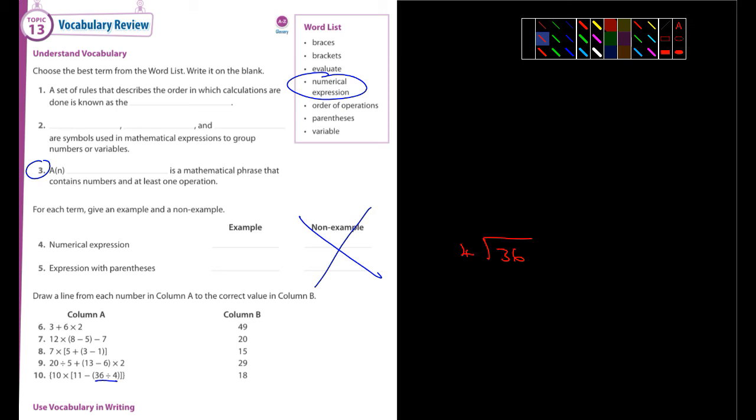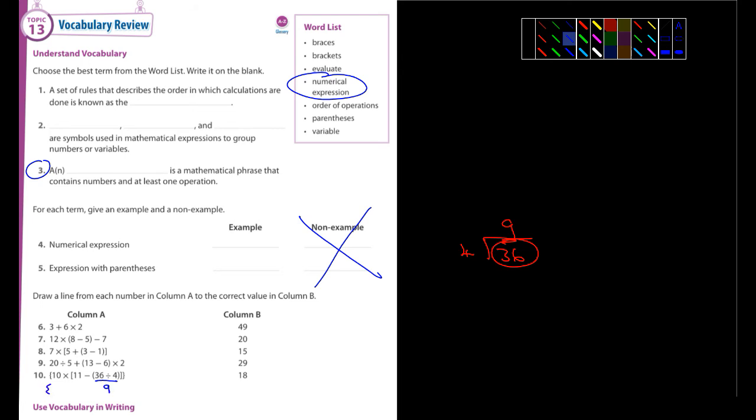Well, we don't know how many times. Well, 4 doesn't go into 3, so it's got to go into 36, right? How many times? Well, 4 times 10 is 40, right? So what's 40 subtract 4? That's going to be 36. So it goes in 9 times. So back over here, 36 divided by 4, that's 9.